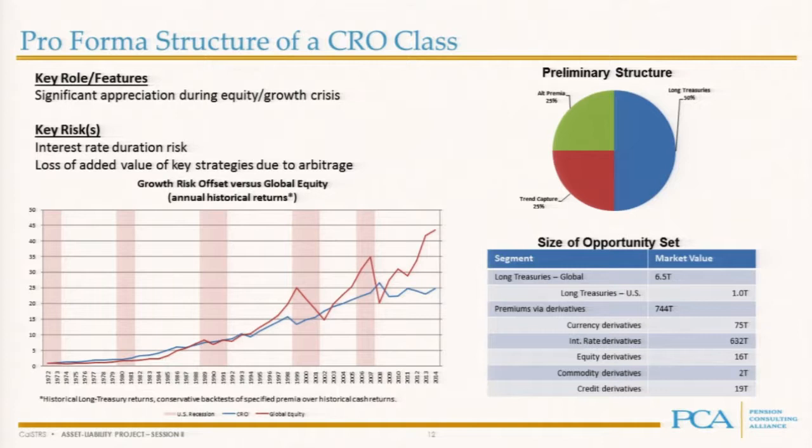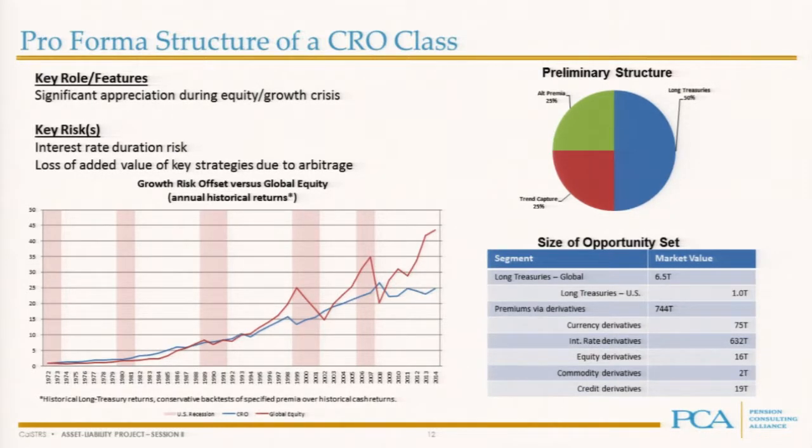And the things we came up with are interest rate duration, global treasuries, as Neil mentioned, trend following strategies, and also alternative risk premium strategies. We won't go into the detail on how that should be arranged, but in our process we came up with things that are capable of meeting the objectives and that are scalable and can have an impact.